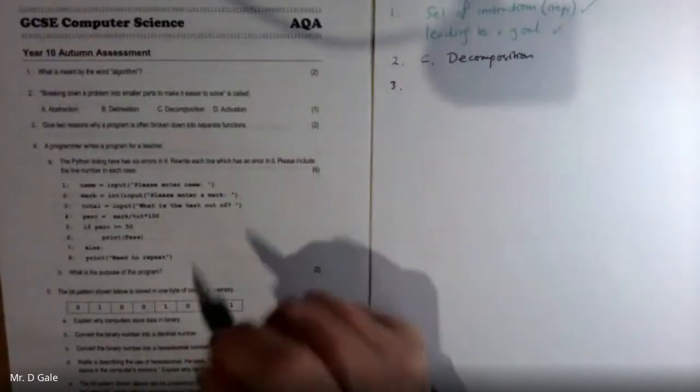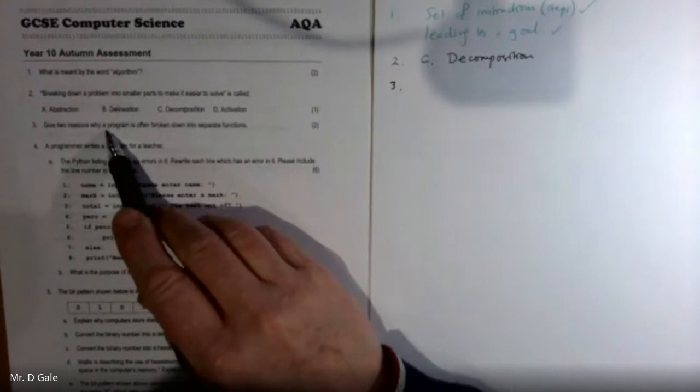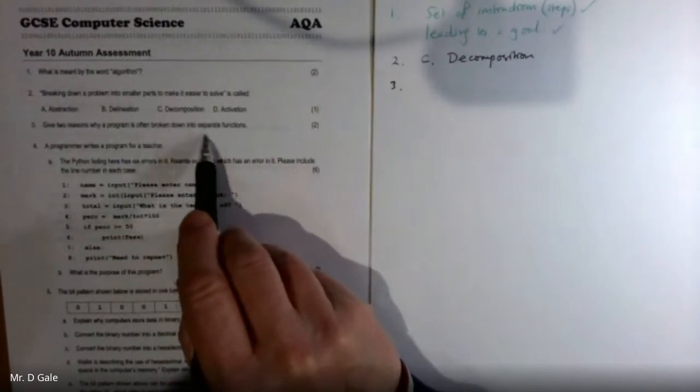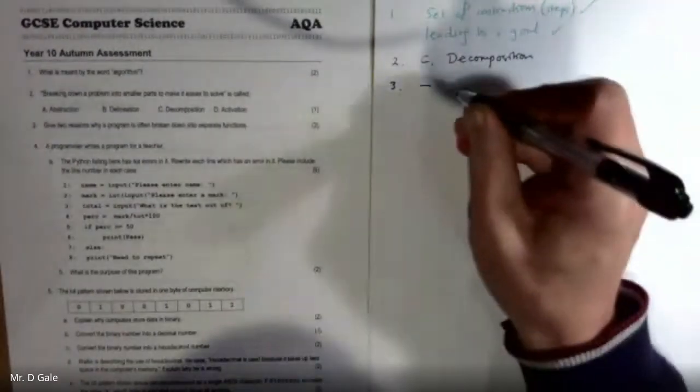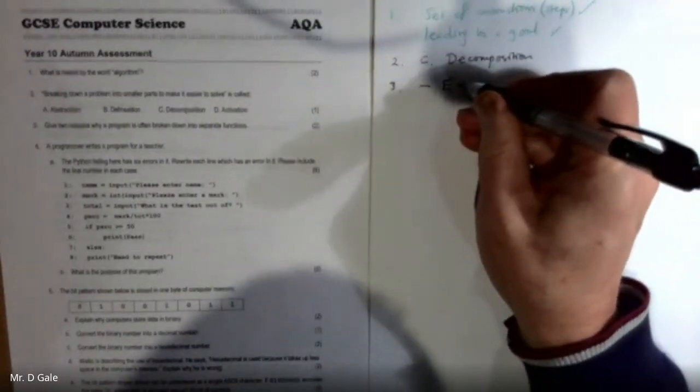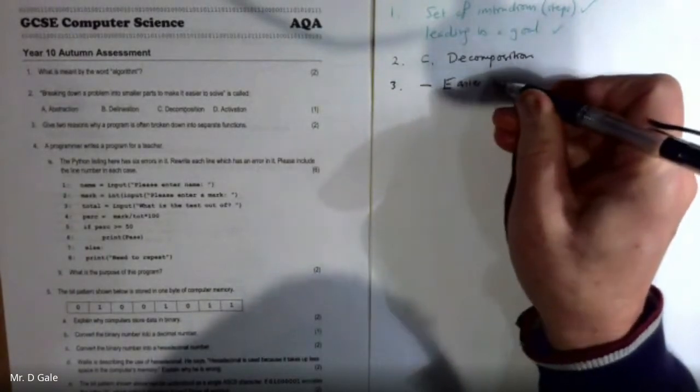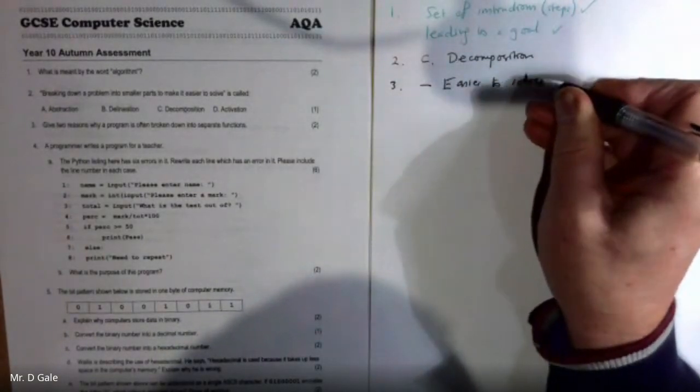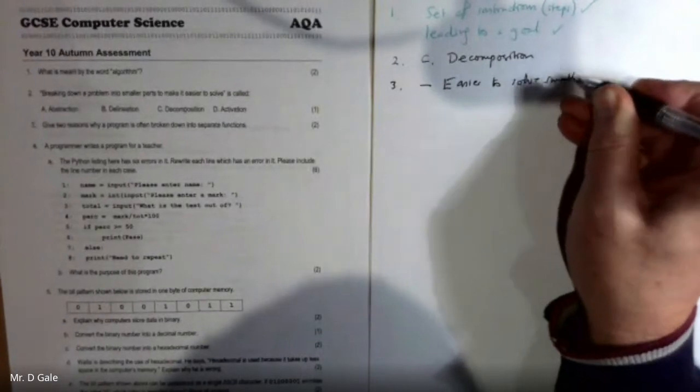Number three, give 2 reasons why a program is often broken down into separate functions. 2 marks, 1 for each reason. So let's give some reasons. So we could talk about it being easier to solve small problems.